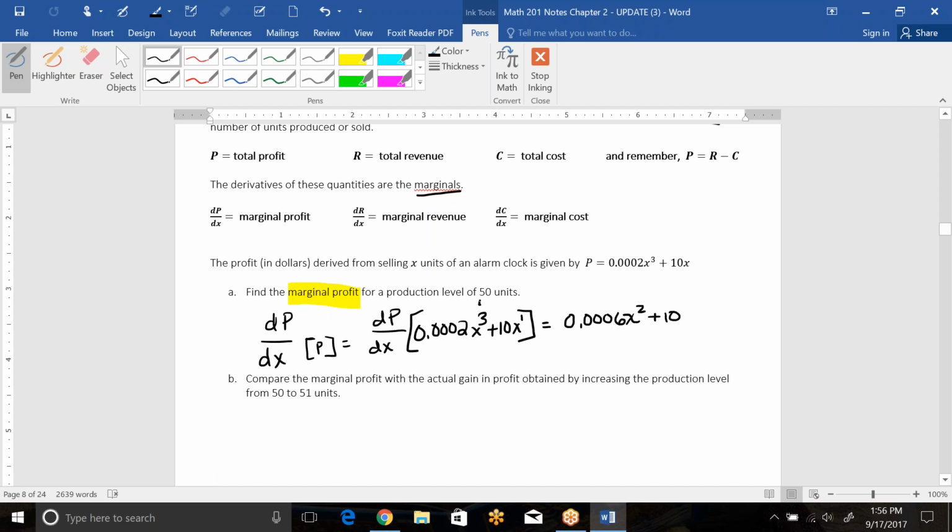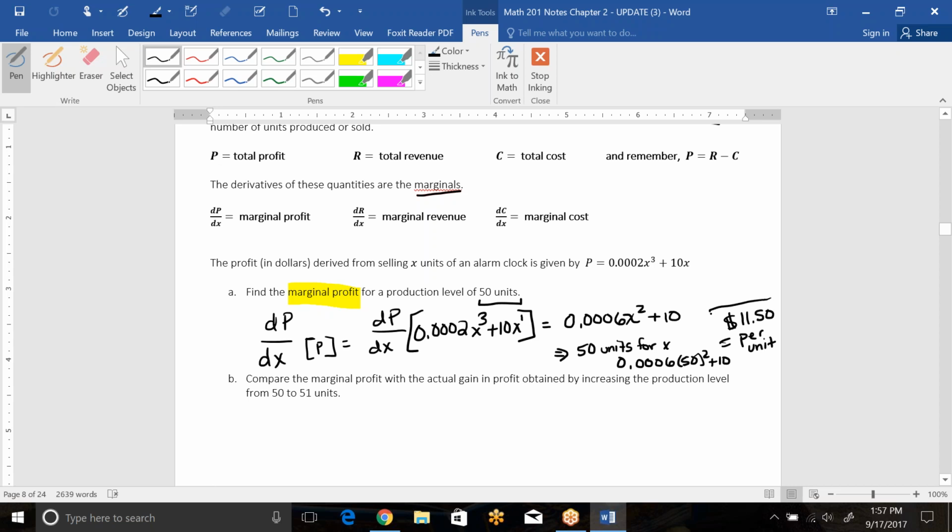Now, they gave us a specific value for X to plug in. We're going to be plugging in 50 units to know what is the marginal profit for that amount of units. So 0.0006 times 50 squared plus 10, and I've already worked this out. I got $11.50 per unit.